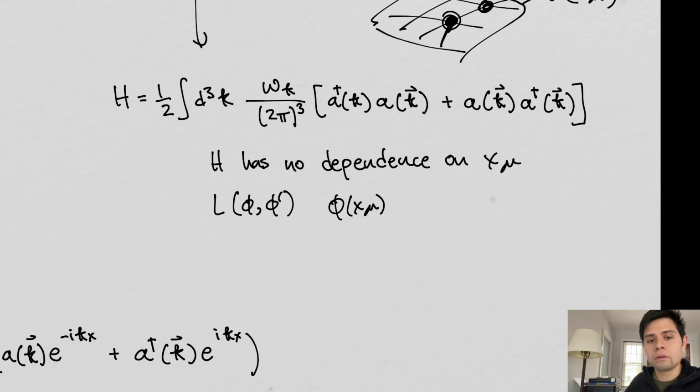And so this is something that we want to just keep in mind as we go forward in this playlist, because I think, at least in my opinion, the most fundamental thing that we can postulate when we're thinking about quantum mechanics or quantum field theory or any field theory is the Hamiltonian.